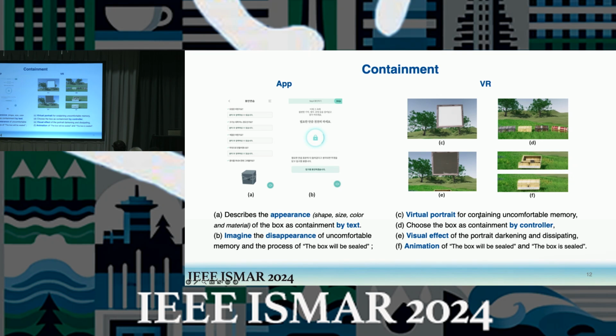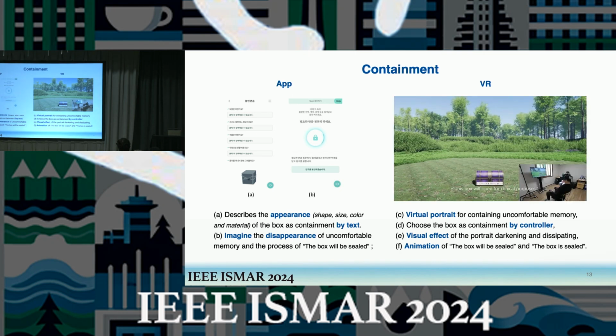Third is the containment technique, which can help users handle uncontrolled memories more easily and safely. By containing the uncomfortable memories, emotions, thoughts, or feelings in a rigid container from which they cannot escape, users can feel a sense of control over the traumatic memories.